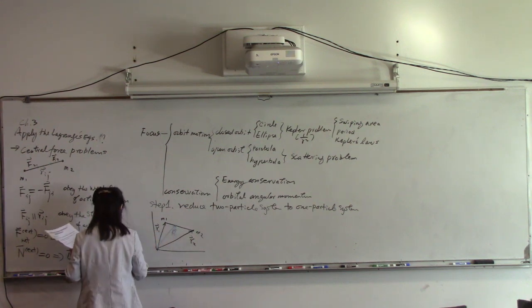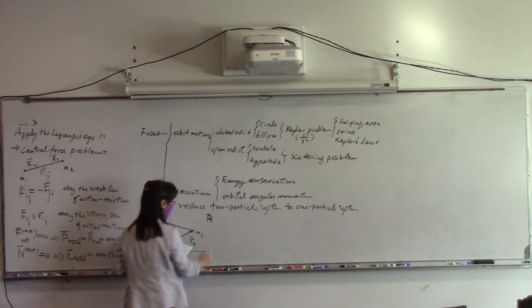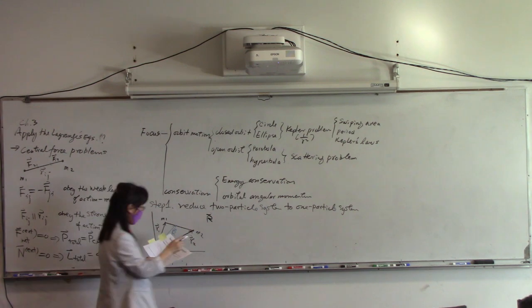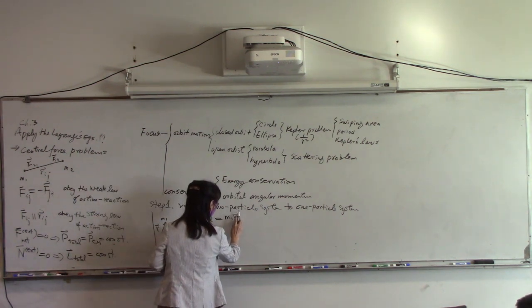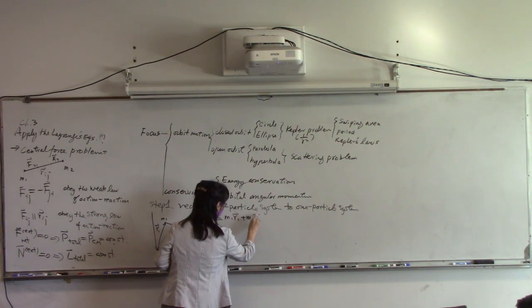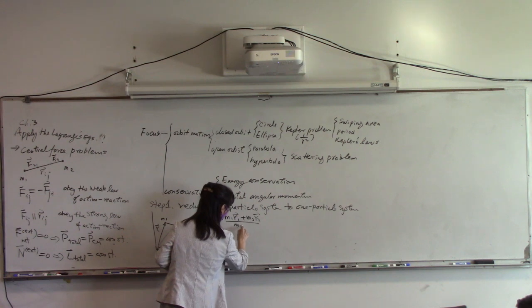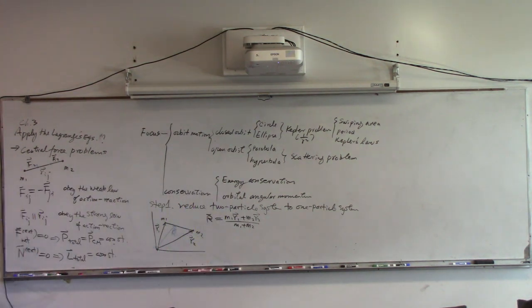We already discussed the center of mass in chapter 1, right? So I just immediately write down the formula: M1 R1 plus M2 R2 divided by M1 plus M2. That introduces the center of mass R.